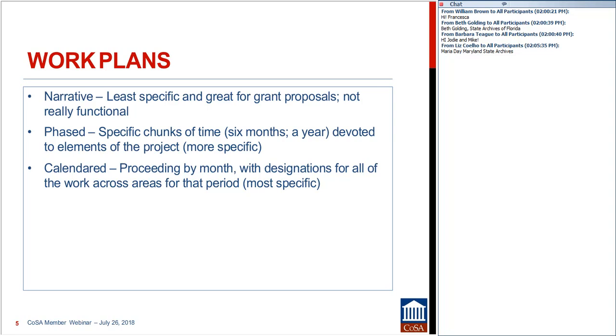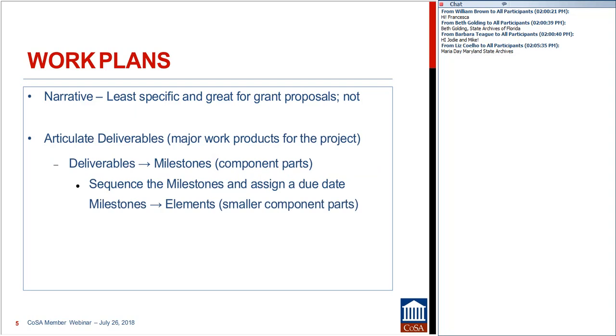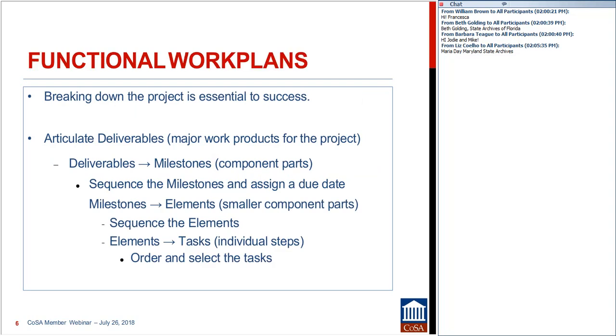It's very difficult to lay out that line item detail over a long period of time and have it not be purely guesswork. So what we want to suggest is that creating a functional work plan requires us to do something that drives a middle course amongst these 3 possibilities.